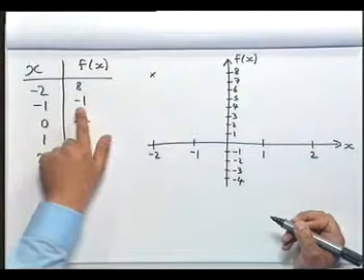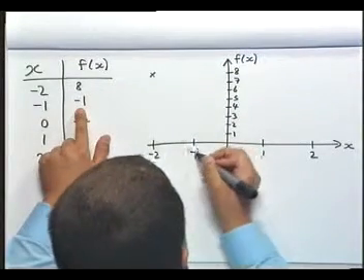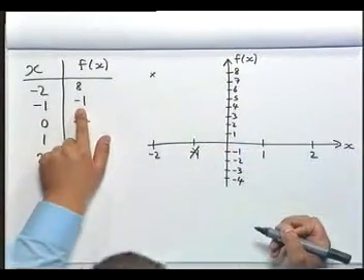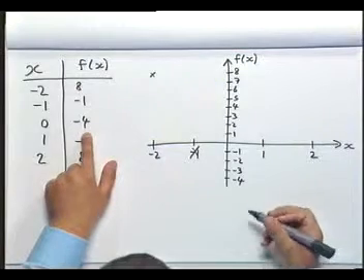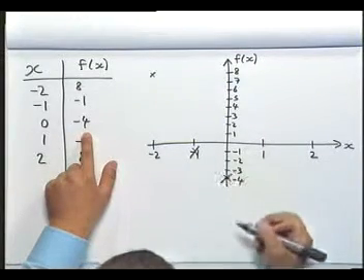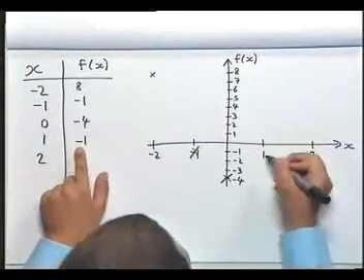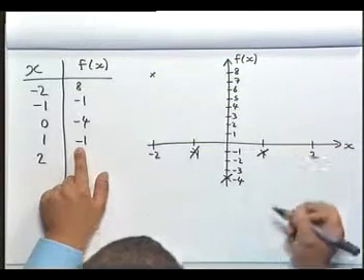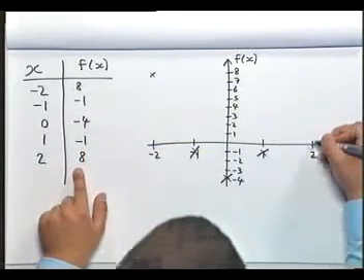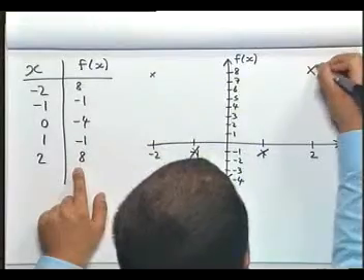Our second point, minus 1, should appear down here. 0 and minus 4 should appear down here. 1 and minus 1 appear over there. And 2 and 8 will appear up here. And we can see we can draw a smooth curve through these points, which will be the graph of the function.